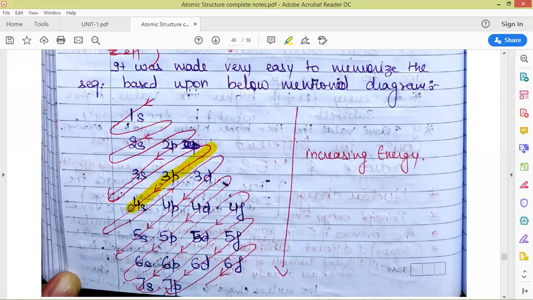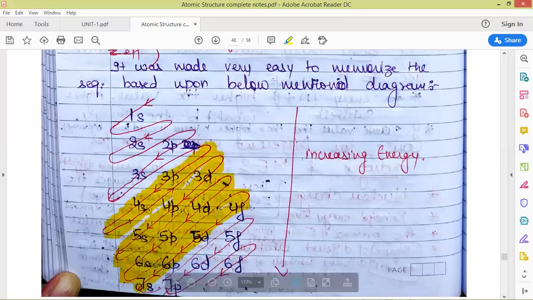On the way 4s comes, now I go back again. Now on the way are 3d and 4p. So this is the sequence of energy levels based upon Aufbau's principle for multi-electron systems. This is how the energy of different orbitals varies in this order. So this was explained by Bohr.